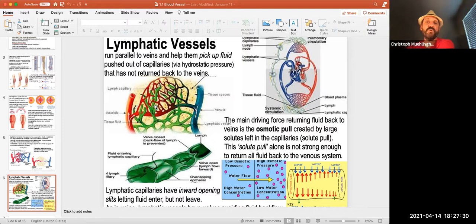This just goes from the tissue to the heart, and it picks up excessive fluid, and it has these inward channels and lets in the lymph, which is that fluid that gets pumped out of the blood. It just doesn't have the red blood cells in it, and it gets pumped back into the system near the heart, where it goes back in.